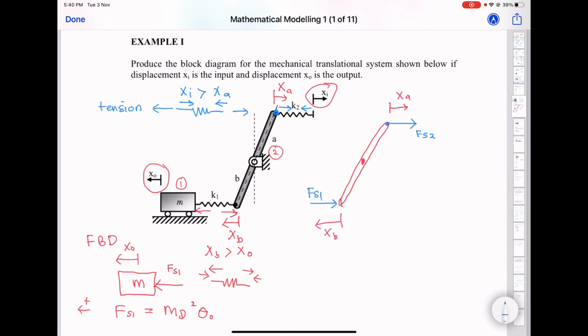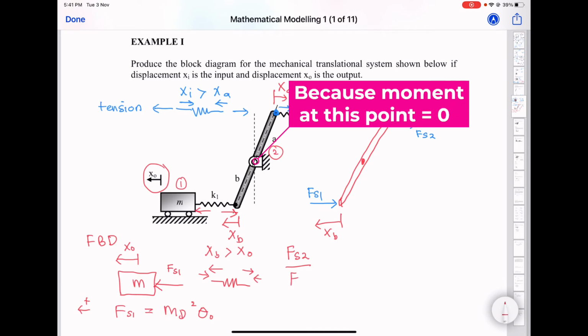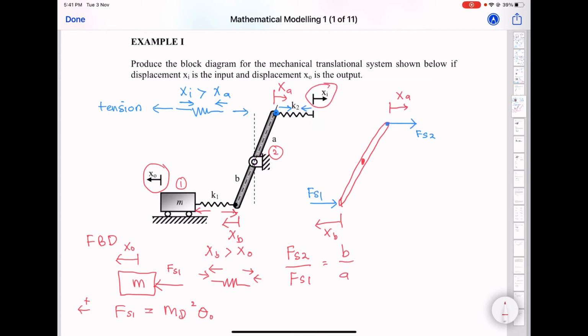So let's write the equation for the lever system. In terms of force, the equation will be Fs2 over Fs1 is equal to B over A. Then in terms of displacement, XA over XB is equal to A over B. So this is the first equation, this is the second equation, and this is the third equation.